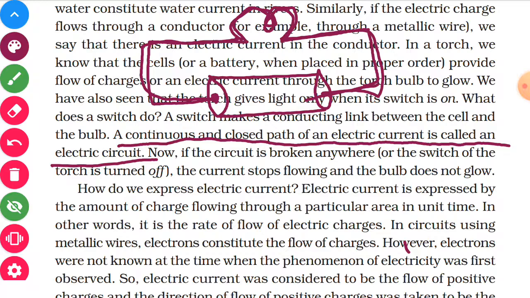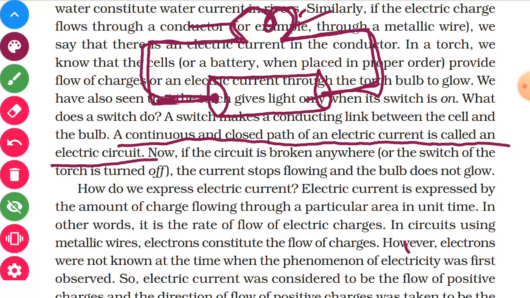Now if the circuit is broken, say for example if you are breaking this circuit somewhere here, or wire is broken, okay, see here, then what will happen, the current will now stop, okay, the bulb will not glow. If you join this again, then and then the bulb will start glowing.